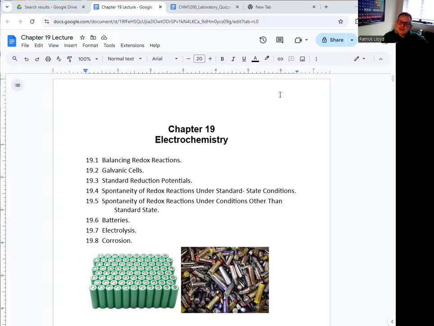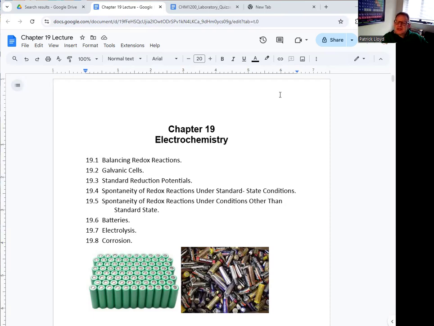So electrochemistry is a subset of redox reactions, a very important one from a technological perspective, because batteries and fuel cells are based on electrochemistry, as is anodizing surfaces, corrosion, which we often refer to as rusting. Those are examples of electrochemistry.